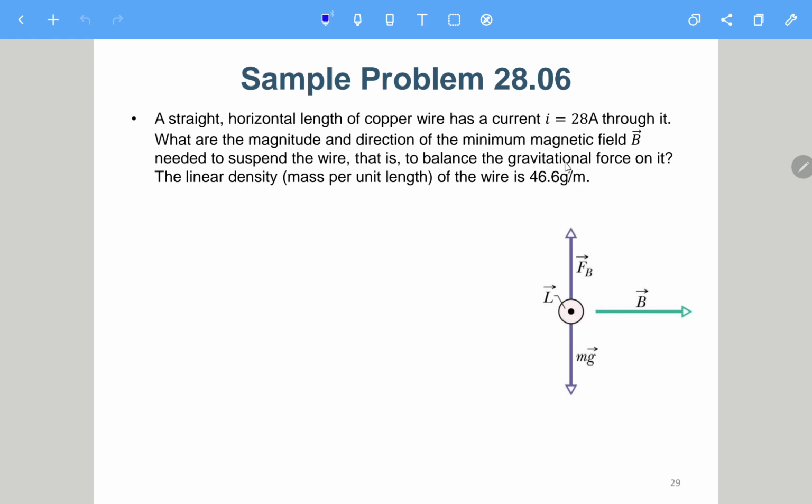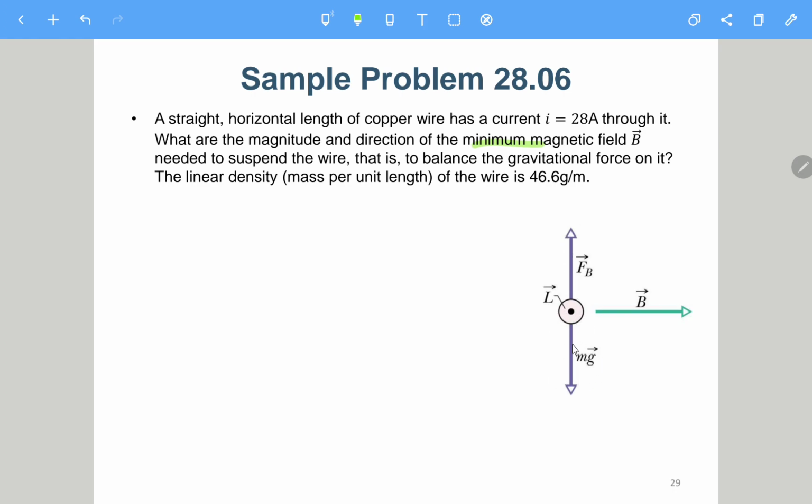So it asks you for the minimum magnetic field, which means that the B has to be perpendicular to the L, and of course you already have the gravitational force pointing downward, which means that FB should be pointing upward to cancel it.